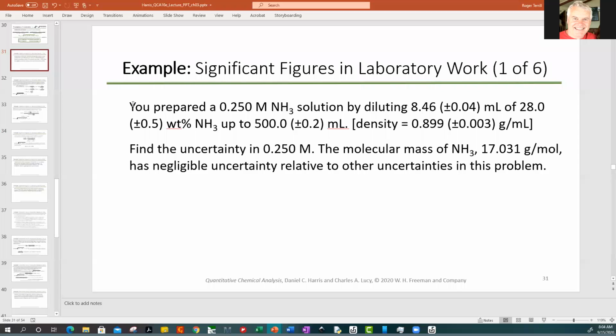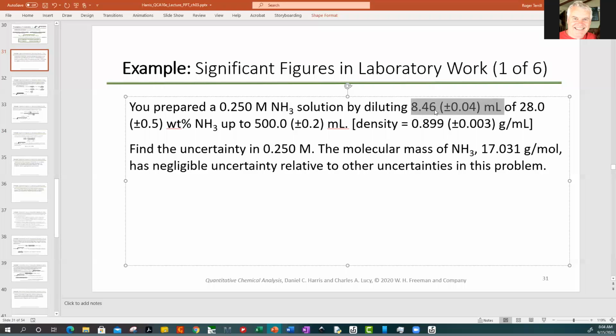So this is a done deal, right? We prepared a 0.25 molar ammonia solution, right? We know it's 0.25 so long as the ingredients that we used are all correct, right? But we know that the ingredients have some uncertainty, right?